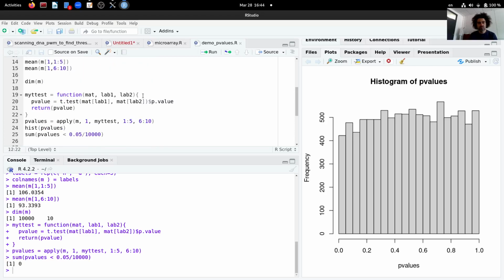So we did not reject the null hypothesis in any of them, and this is fine.